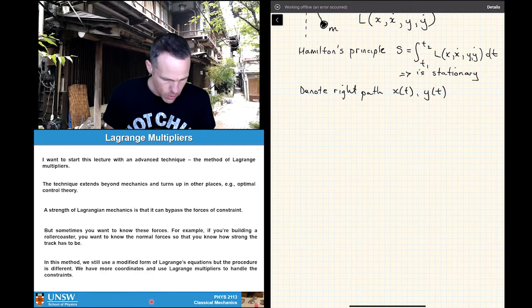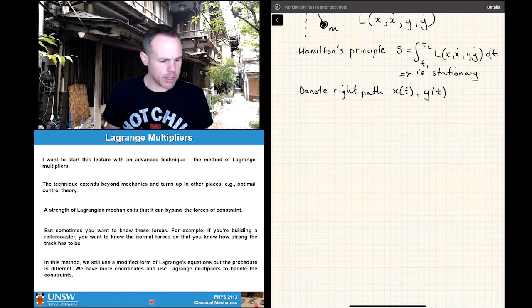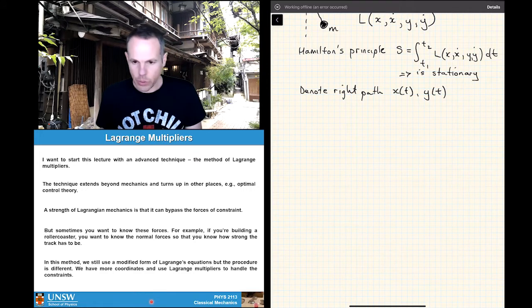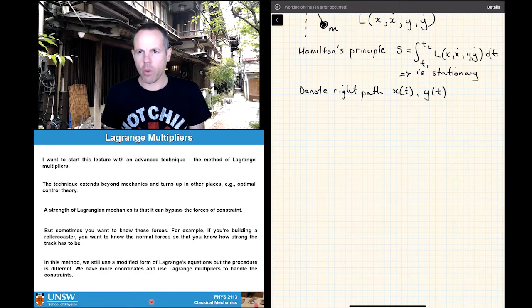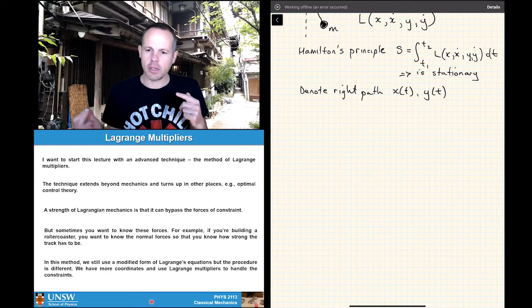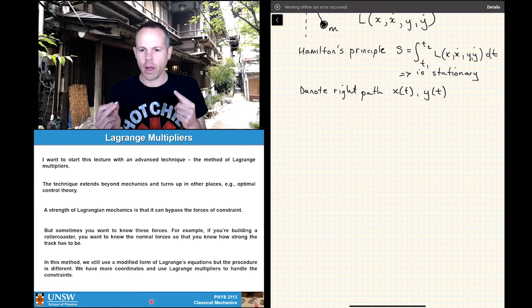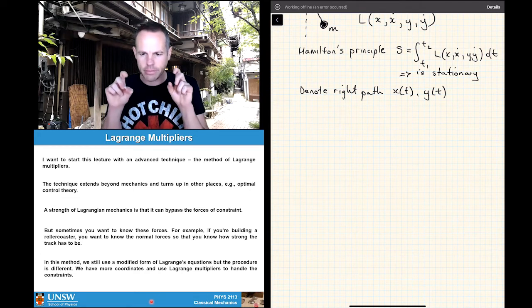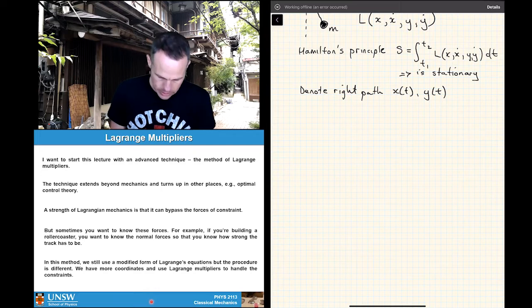And then we're going to imagine a small displacement to a neighboring wrong path. And at the moment, that's going to seem a little weird because it's going to be like the motion's constrained. How can you go to a wrong path? What we're actually going to do here is basically tie Hamilton's principle in with the constraint force by essentially temporarily relaxing the constraints.